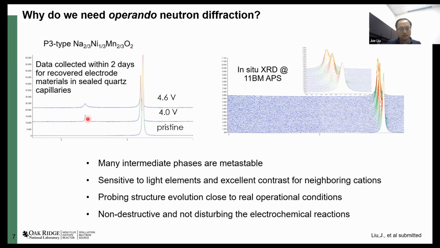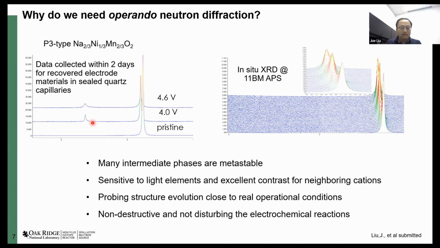You see a new peak formed, a peak related to the layer dimension along the interlayer, the C-axis. There must be some new phase formed when we do structure studies on the X-ray samples, even if you carefully seal the sample and use very high resolution diffraction data.